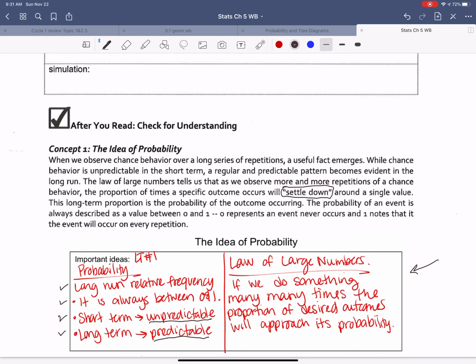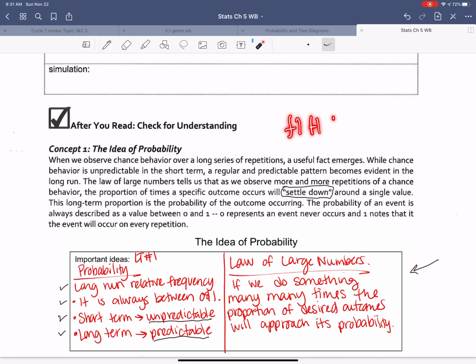So, for instance, flipping a coin and getting heads: if we flip a coin many, many times, the proportion of heads that we get would approach its probability of 0.5. But in the short run, we might not get that.